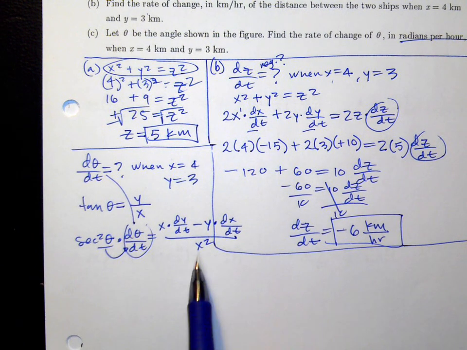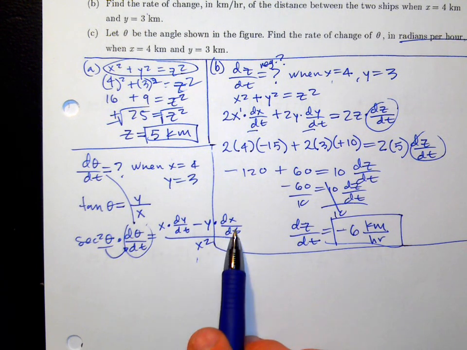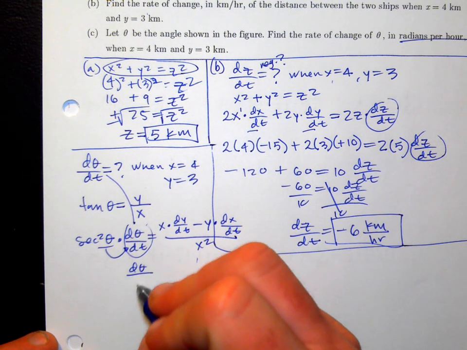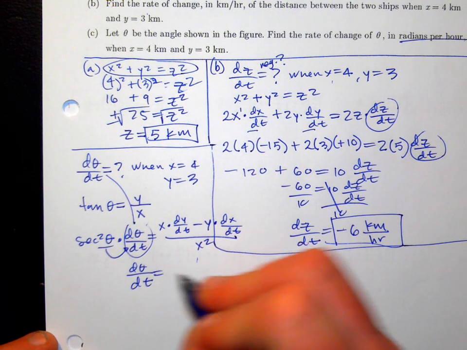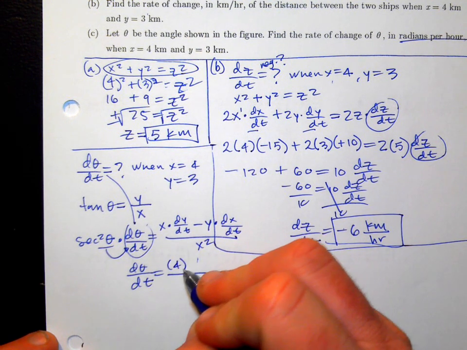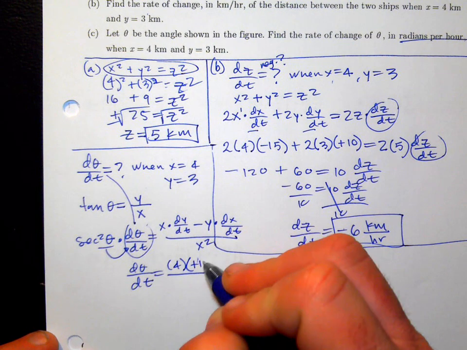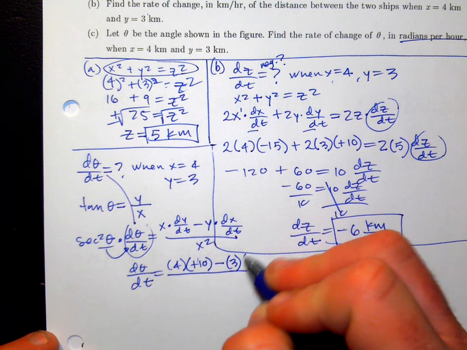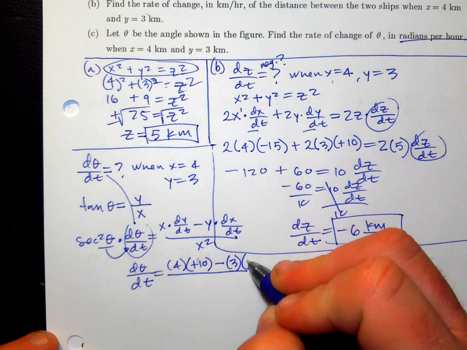Now we have x, y, x squared, dy dt, dx dt. The one thing we don't have yet is whatever secant theta is, but I'm going to plug these other values in right now. So x is 4, dy dt is positive 10, minus y is 3, dx dt is negative 15.